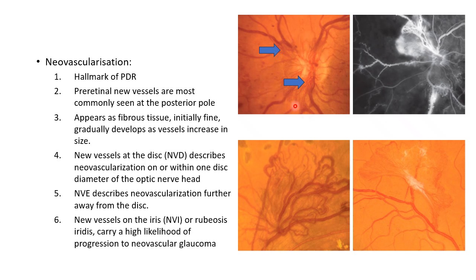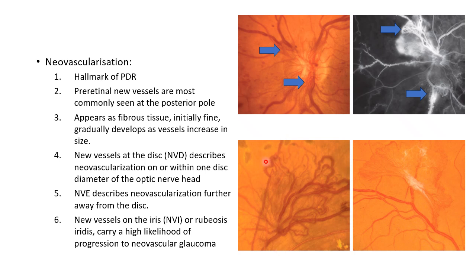This is NVD, new vessels at the disc, neovascularization on or within 1 disc diameter of the optic nerve head. See how they are leaking in angiography? It is the same picture, an angiogram of the same area. So you're seeing leakage. Okay, you'll understand it better when you see a live angiogram being performed. With time, this whiteness would increase, suggestive of leakage.